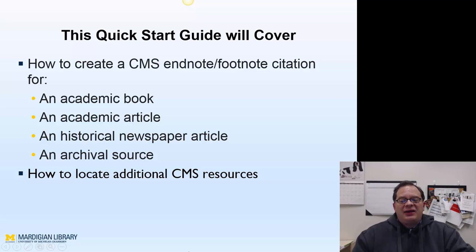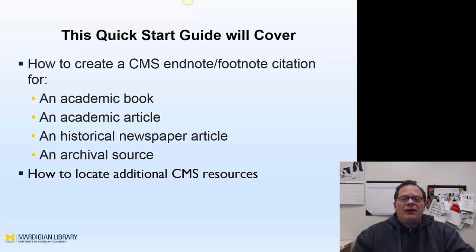This quick start guide is going to cover how to create a CMS EndNote citation for an academic book, an academic article, a historical newspaper article, as well as an archival source.